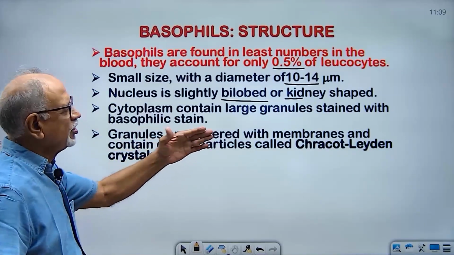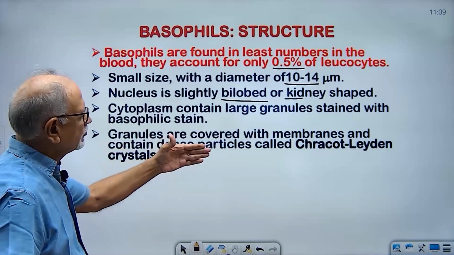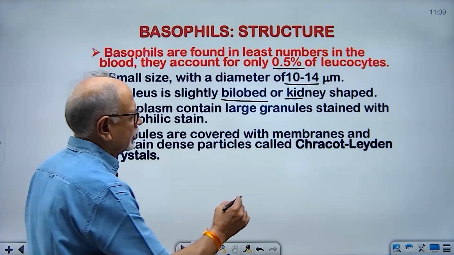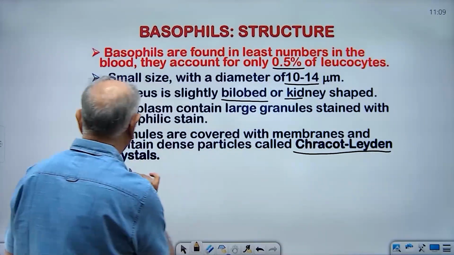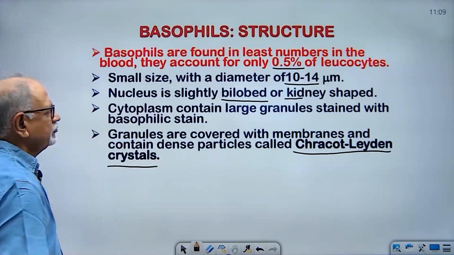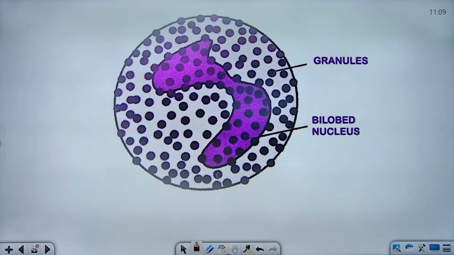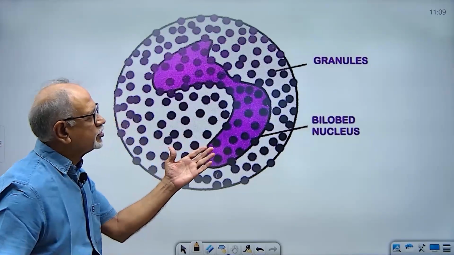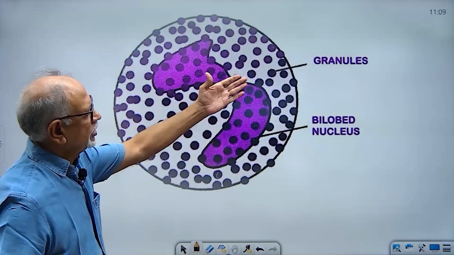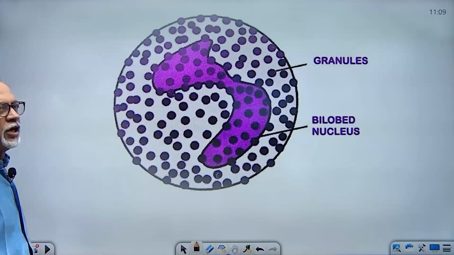Granules are covered with membranes and contain dense particles called heparin-laden particles. Here is the picture of a basophil having a bilobed nucleus and the granules in it, heparin-laden granules.